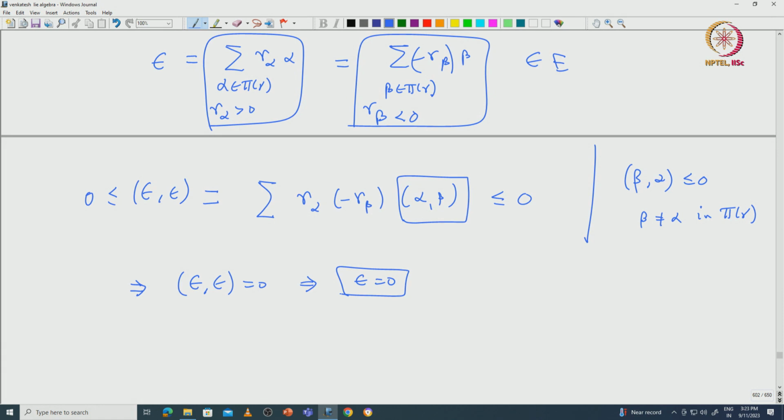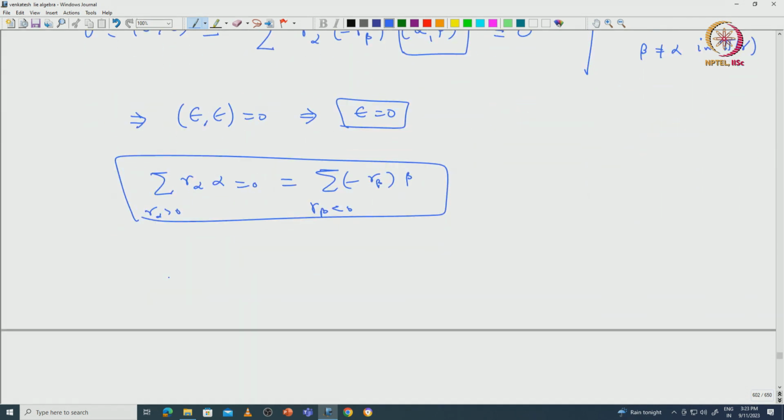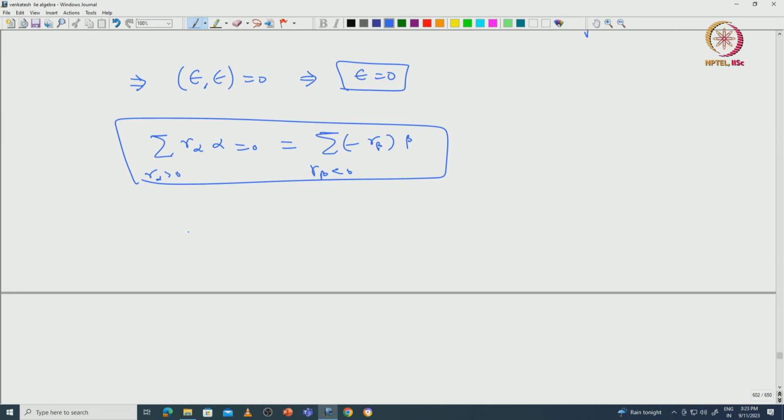So, we proved that the summation of r alpha alpha, where r alpha is positive, must be 0, as well as the summation of minus r beta beta, where r beta is less than 0, is also 0. Now, both these sums run over elements of pi of gamma, which sits on one side of the hyperplane. Pi of gamma is a subset of phi plus of gamma, which is those beta in phi such that the inner product of beta and gamma is positive.